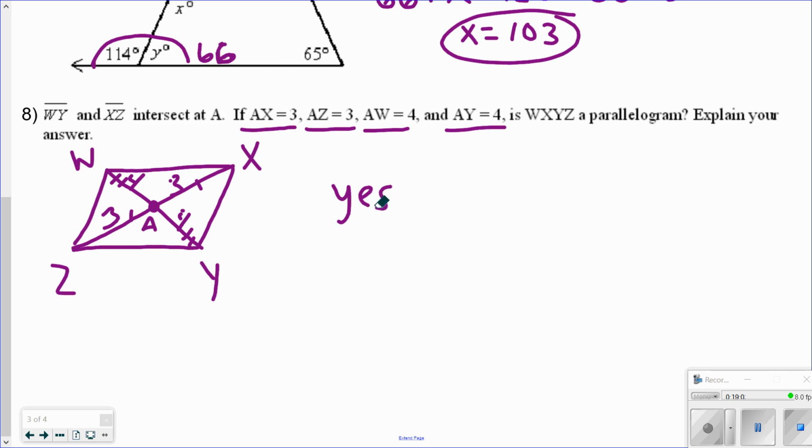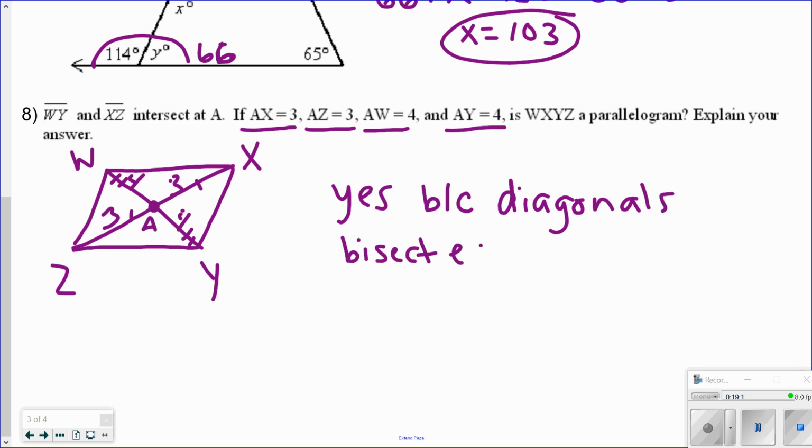Why? Well, the diagonals bisect each other, and that is one of our theorems. So yes, because the diagonals bisect each other. And that's enough information to prove that this is a parallelogram.